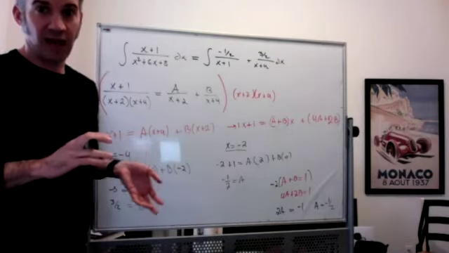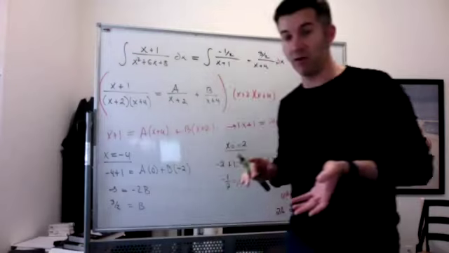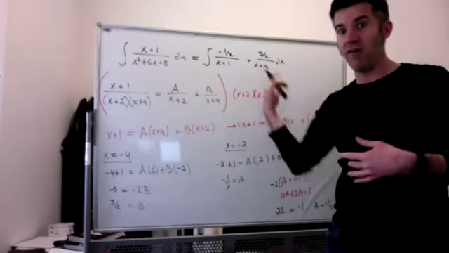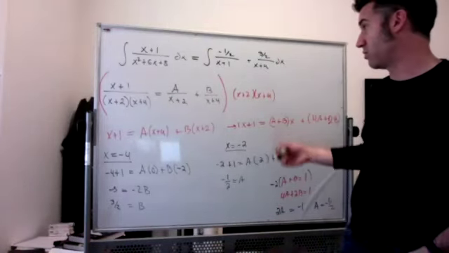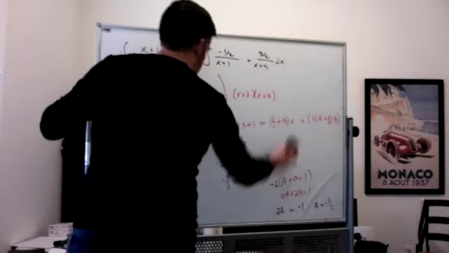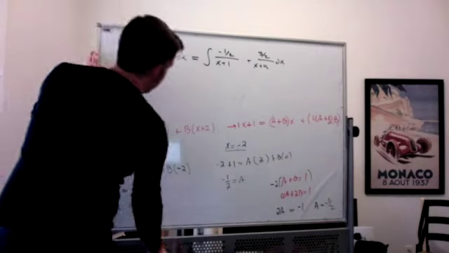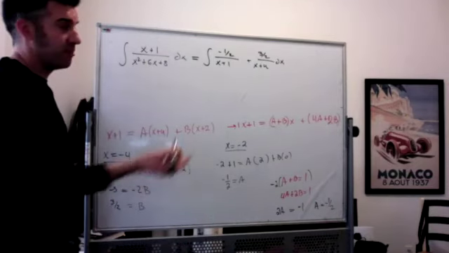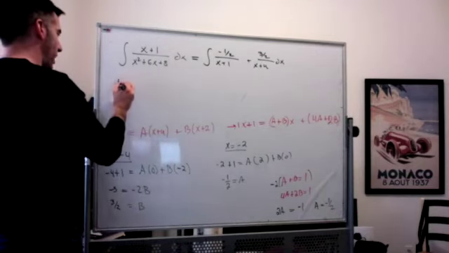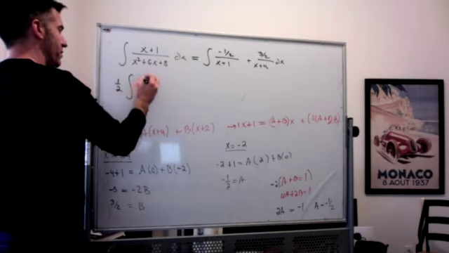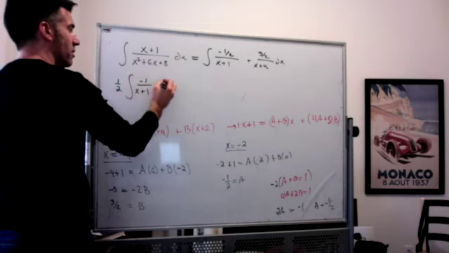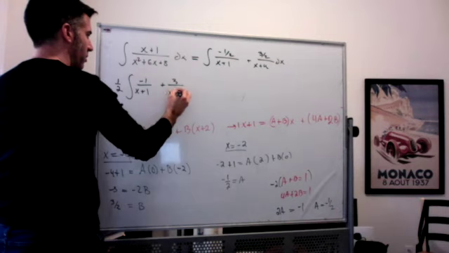Often, if my a and b values are fractions with the same denominator, I'll factor that part out. I might rewrite it as 1/2 times the integral of -1 over x plus 1 plus 3 over x plus 4.